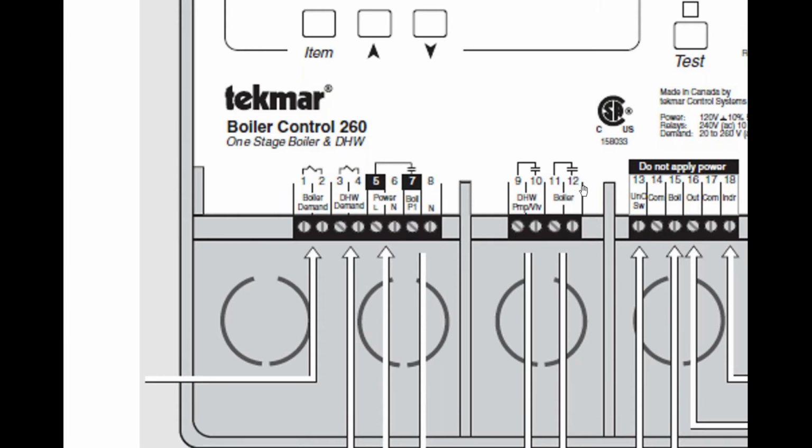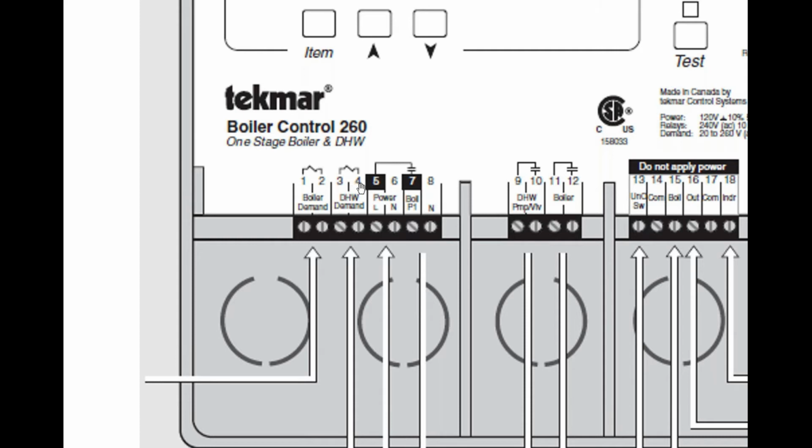That's going to close the TT on the boiler. It's going to fire the boiler. And over here, here's your line voltage coming in, and what's connected to that on terminal number 7, boil P1. That's the boiler circulator. So I will close this normally open switch here on number 7, turn on the circulator, and fire the boiler.